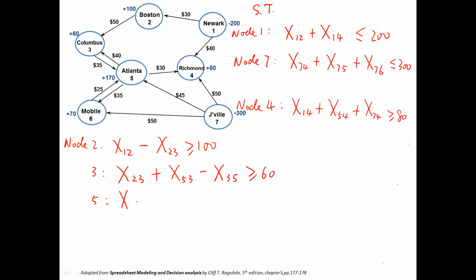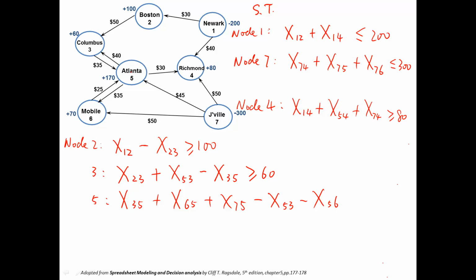Okay, so x35 plus x65 plus x75 minus what goes out, x53 minus x56.